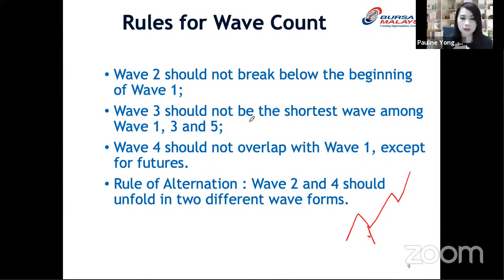Okay, so given this kind of principles in place, it makes this counting of the wave more objective. Because then you know that you have to follow the principle. If I follow the principle and other people also follow the principle, most likely people who follow the principle are likely to count the right wave, likely, but not absolute, because after all, this Elliott wave is not so easy to master.